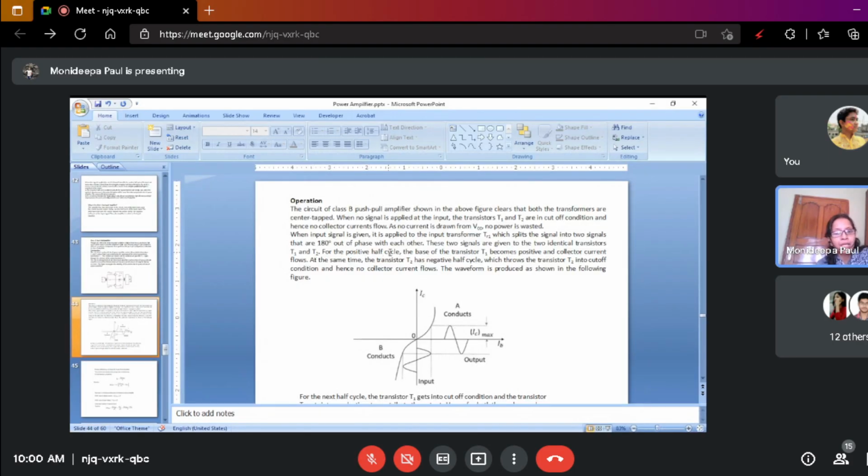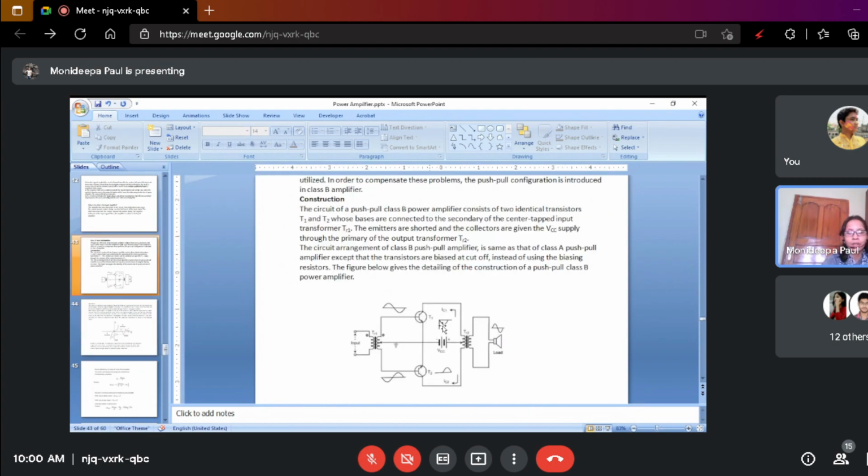For the positive half cycle, the base of the transistor T1 becomes positive and collector current flows. I have already told that during the positive half cycle of the input signal, this transistor is forward biased, so we get the collector current. And during the negative half cycle, this transistor is forward biased.